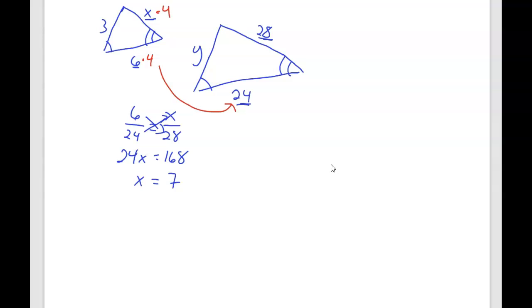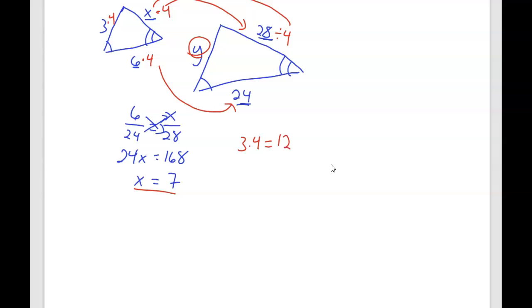So 4 times what will give you 28? Or take 28 and divide it by 4, and you get 7. So 3 times 4 gives you your y. 3 times 4 will give you 12.